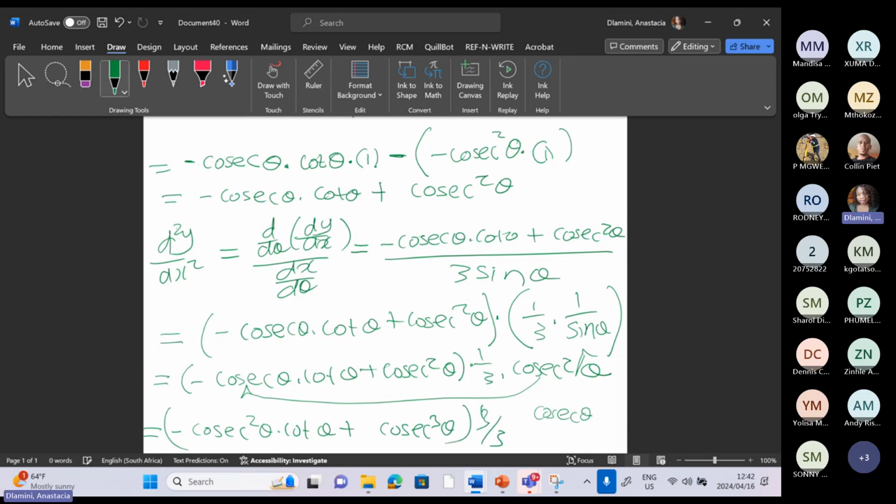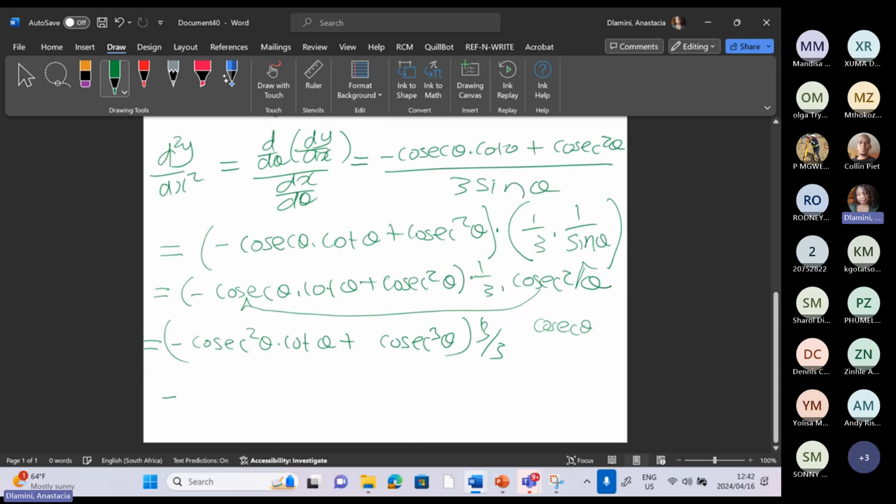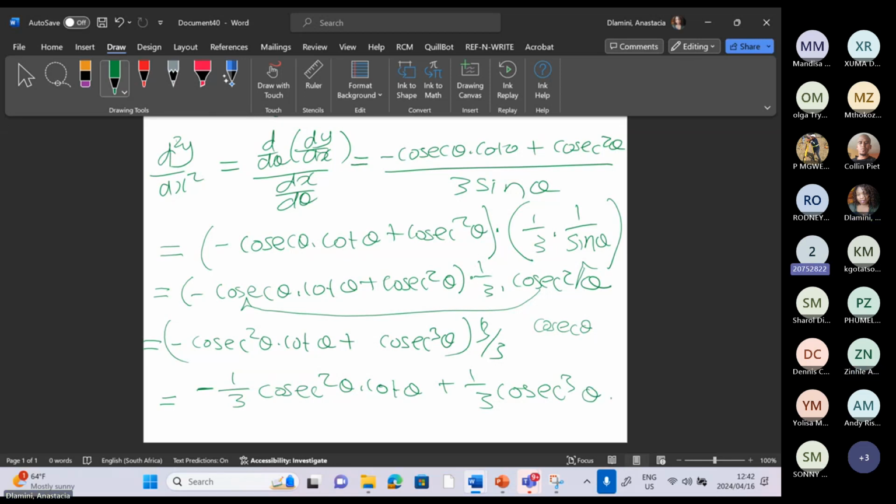So this equals negative 1 over 3 cosec squared theta times cot theta plus 1 over 3 cosec theta. Are we together?